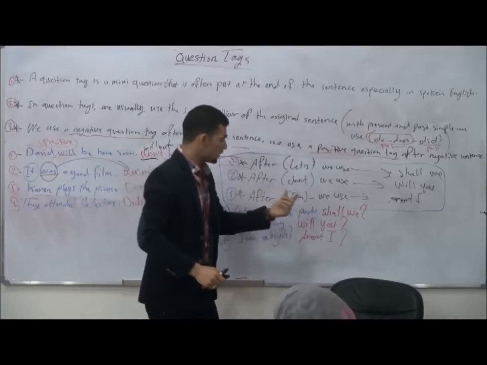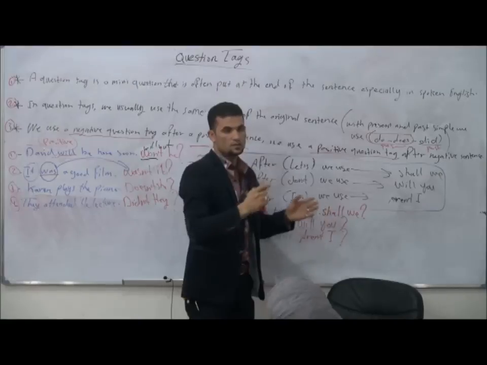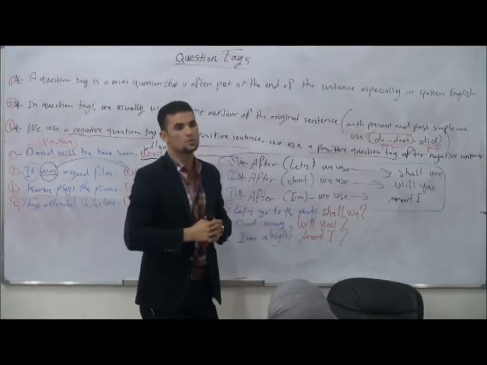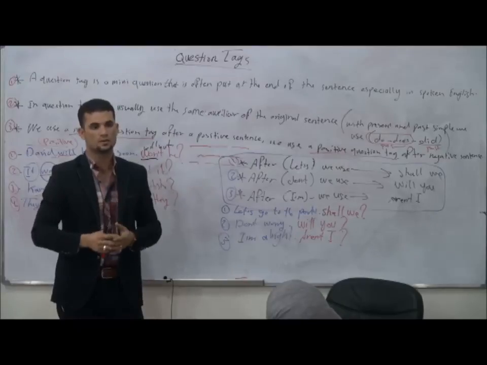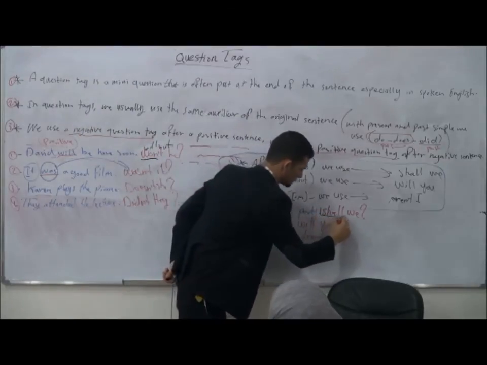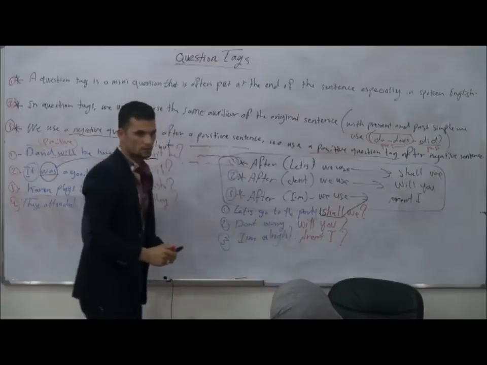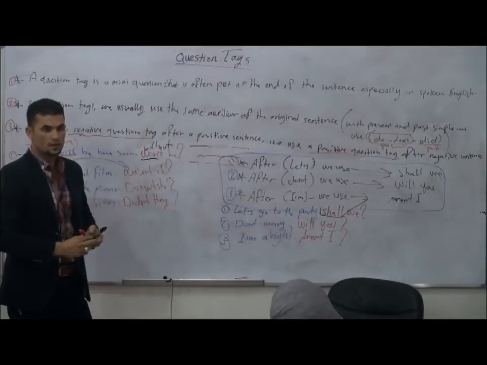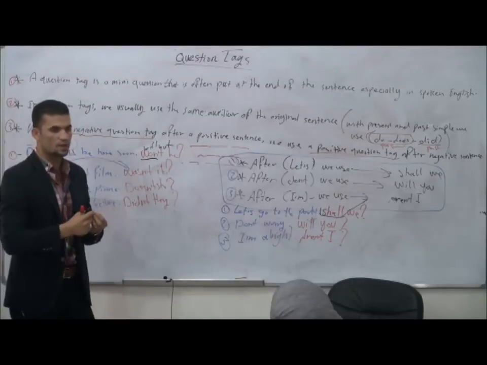شلون يعني؟ If our voice goes down, this is not a question. هذا معناه مو سؤال. I don't want an answer from you. معناه I want you to agree with me. Shall we, if the voice goes down, not a question; I want you to agree with me.